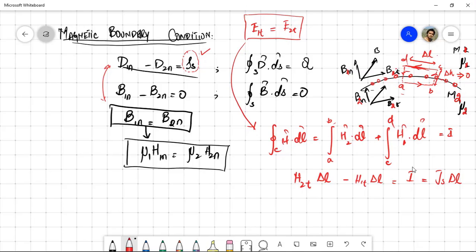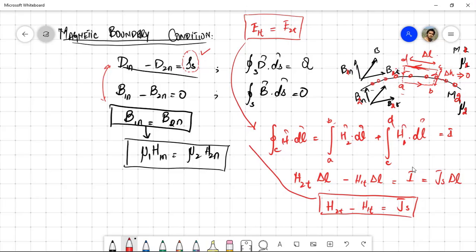So in Js delta l, this delta l will cancel on both sides, and as a result we get H2T minus H1T equals Js. So this is basically the second boundary condition for magnetism. This is the second boundary condition for magnetism.